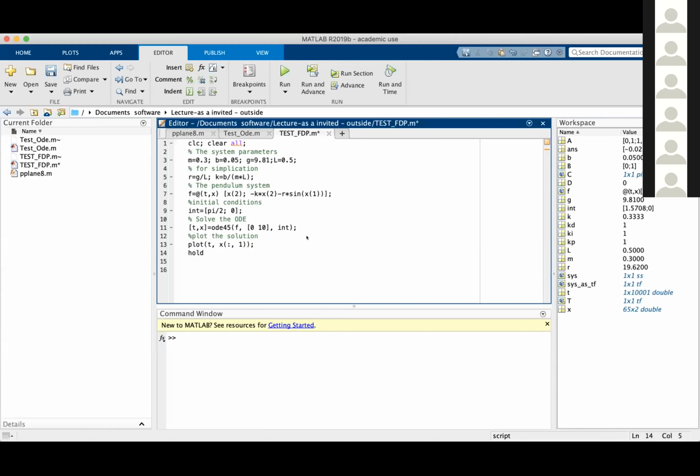It's getting reflected from my side. No, it is disturbing.